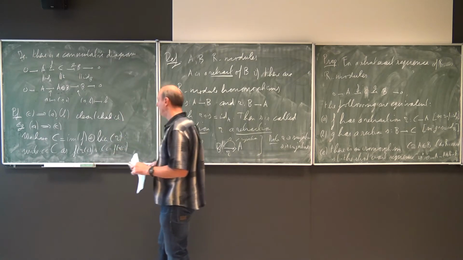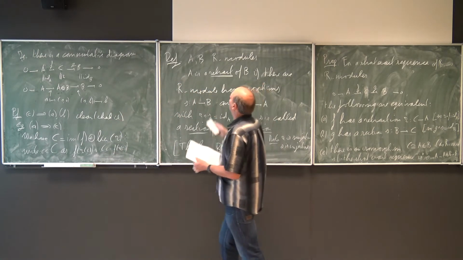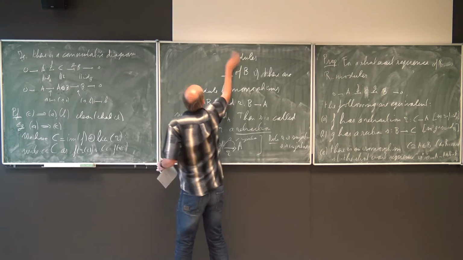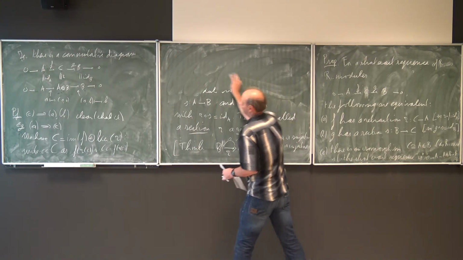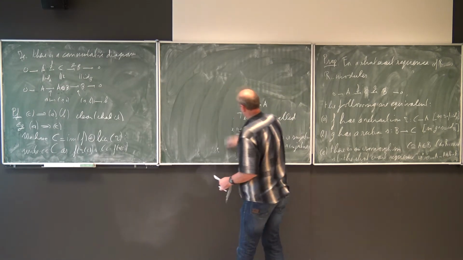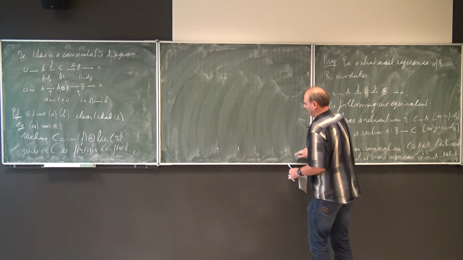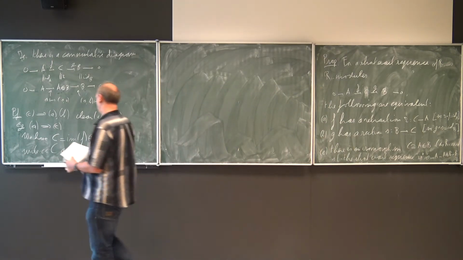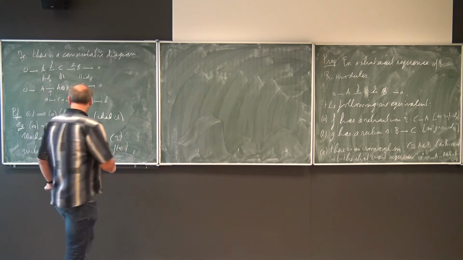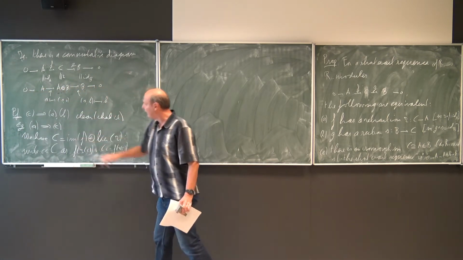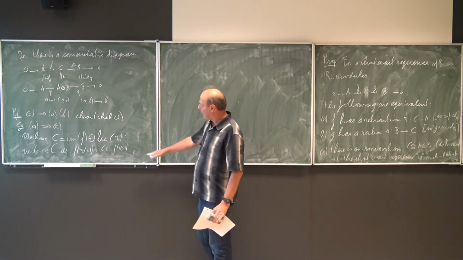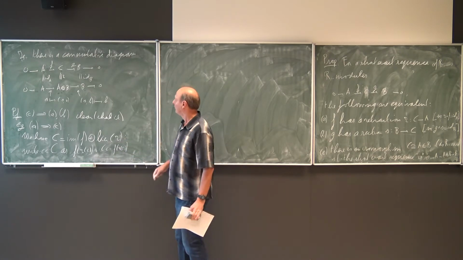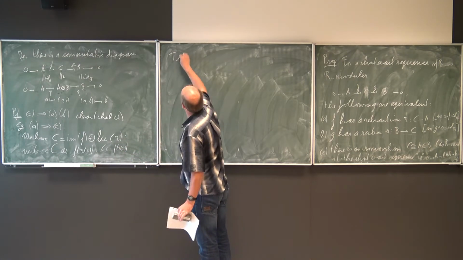So obviously this is equal to c, but clearly this part is in the image of f, and I'm claiming that this will be in the kernel of r.